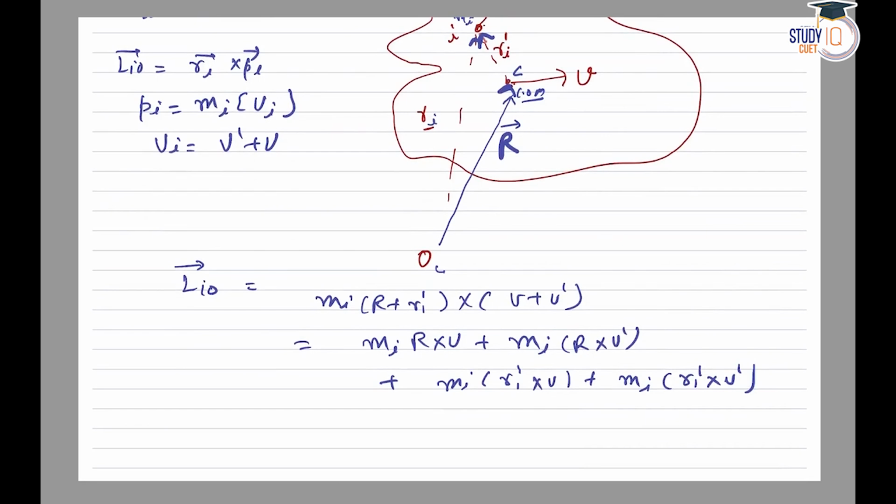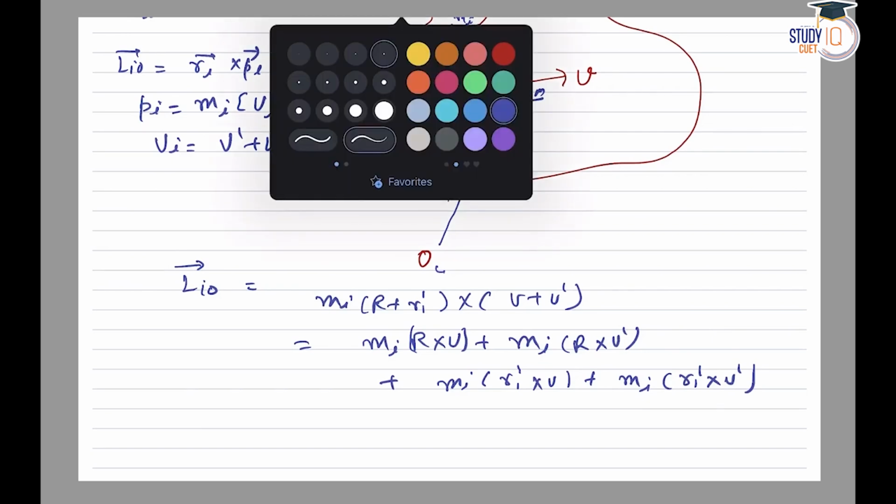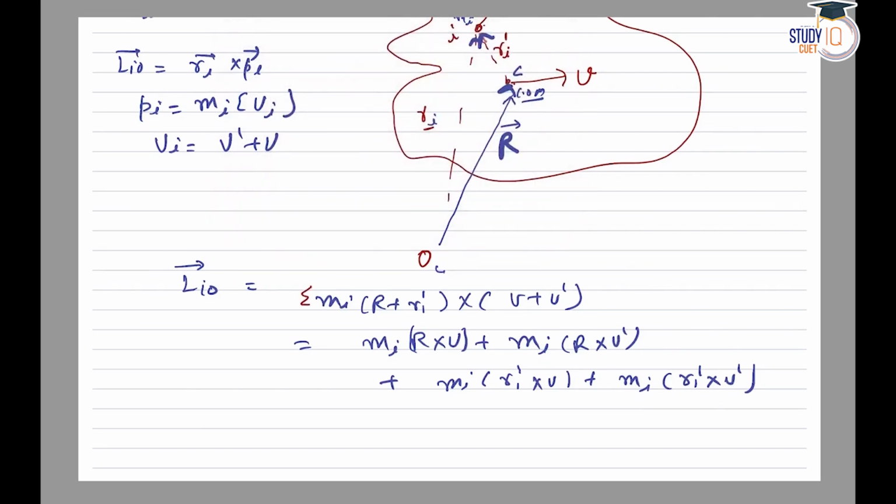Now in order to analyze this, to take the angular momentum of all the particles, we are going to take the summation of each and every term.